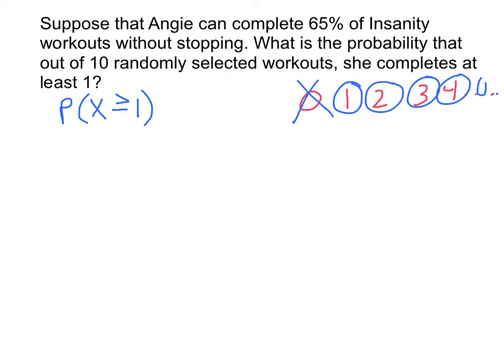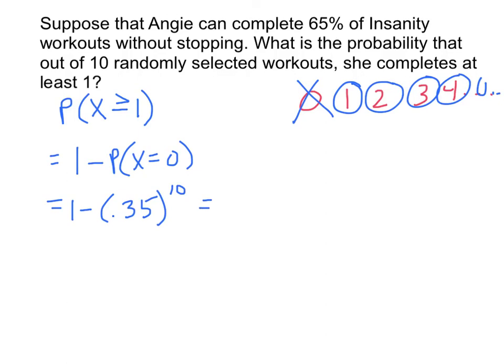So this is a situation where, again, it's easier to look at the complement. The only thing that's not in our event, 1 or more, is 0. So let's calculate the probability of me not completing any of the workouts, which we know is going to be really, really low. So the probability that x equals 0. And the only way that can happen is I have to have failure 10 times.